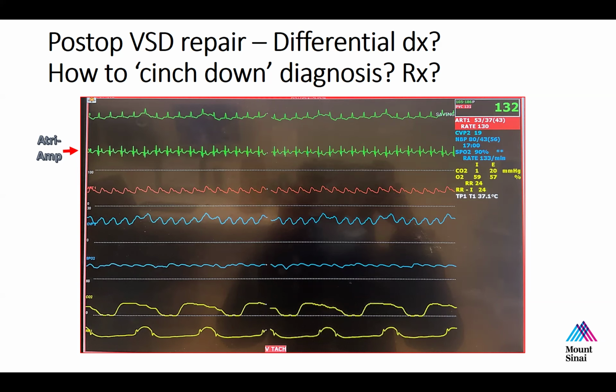It seems that the QRS is followed by the P wave, and so I would think this is not a sinus rhythm. I'm looking at the QRS morphology in lead 2.